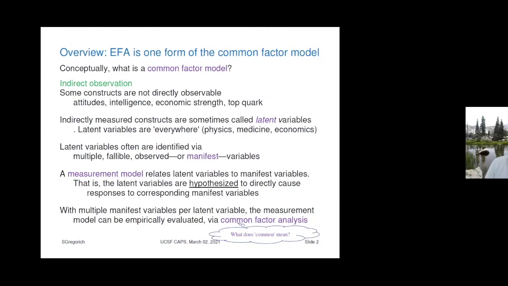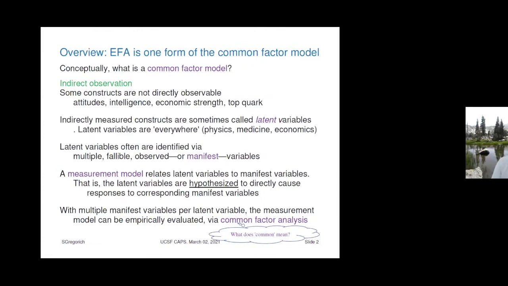And so in the behavioral sphere of things, indirectly measured constructs are often called latent variables. And in the context of the factor analysis model, latent variables are typically empirically identified by multiple fallible, observed, or what are sometimes called manifest variables. So we have some constructs that we'd like to measure, but we can't observe them directly.